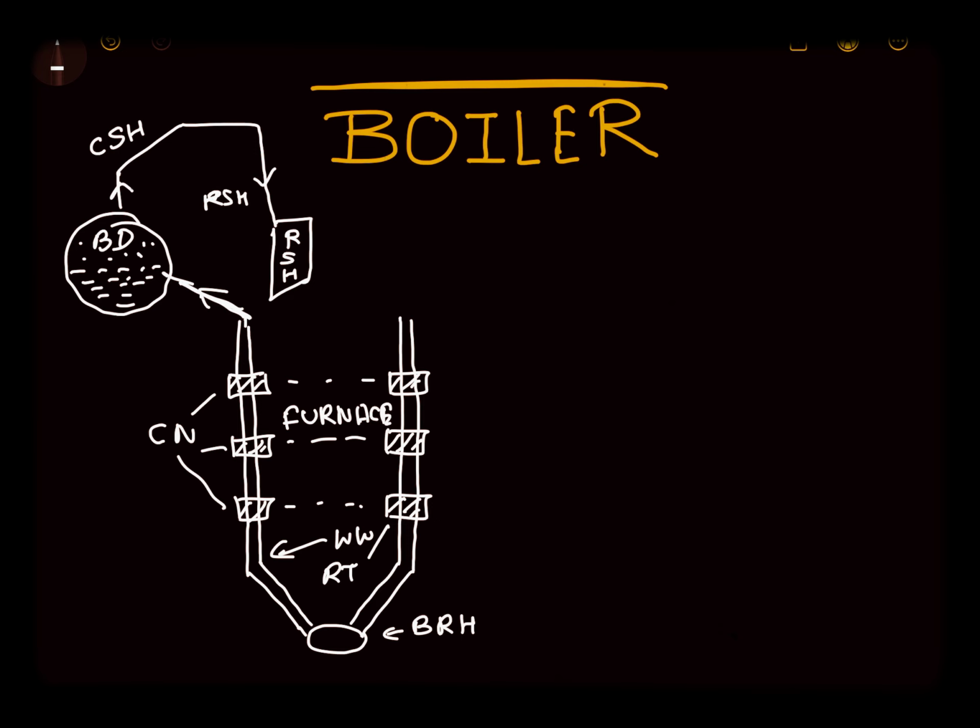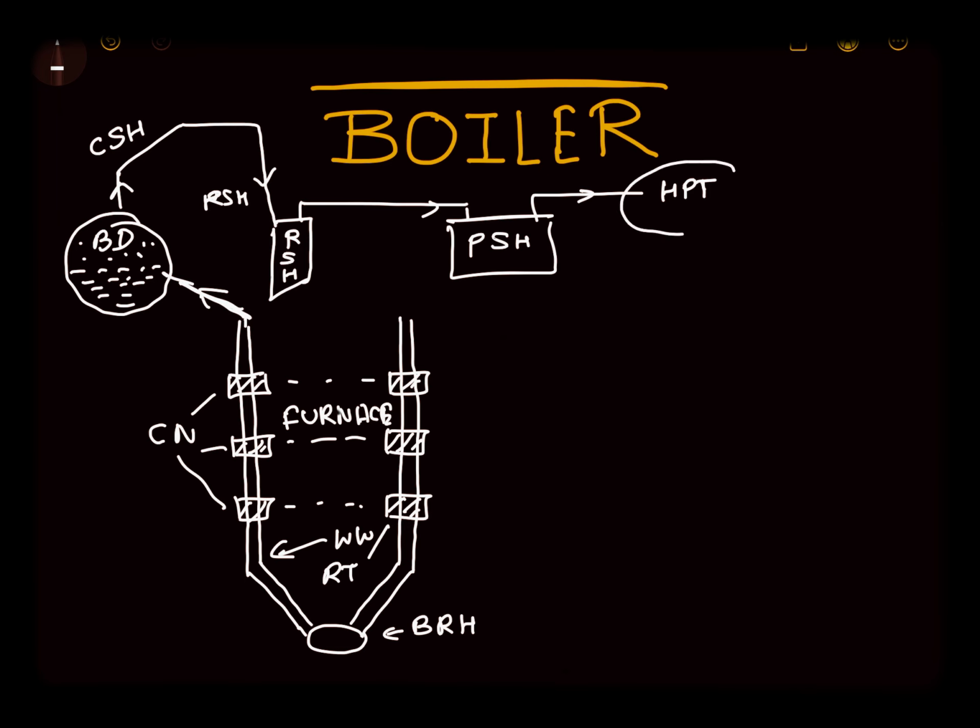Then after this radiative superheater, it goes to the pendant superheater to regulate its temperature, and then after the pendant superheater the steam finally goes to the high pressure turbine.